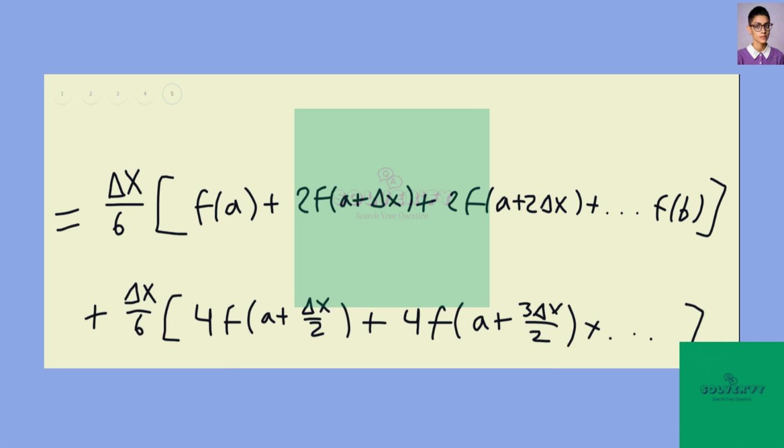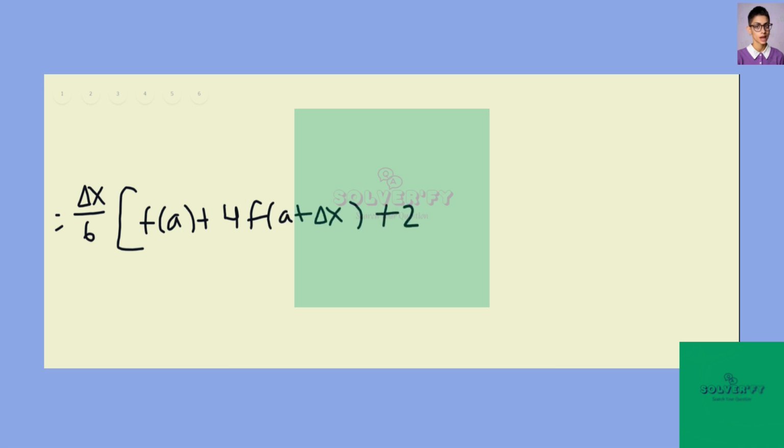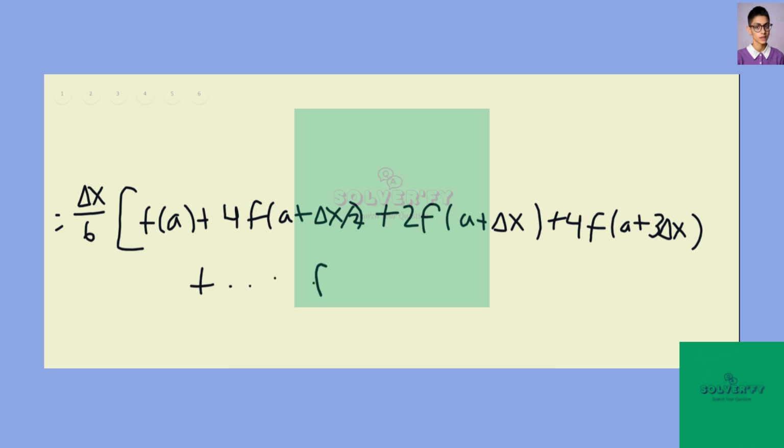And that continues on. So now, let's group these based on the order of what's in the parentheses. So we get delta x over 6 times f of a plus 4 f of a plus delta x over 2 plus 2 times f of a plus delta x plus 4 times f of a plus 3 delta x over 2, all the way up to f of b.